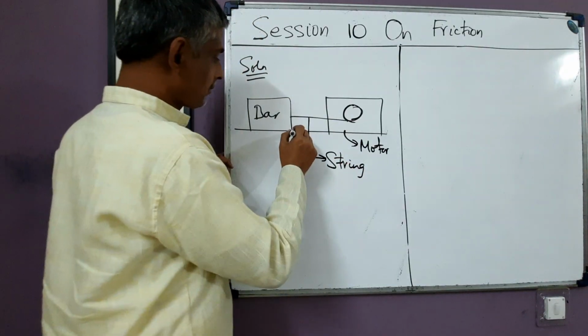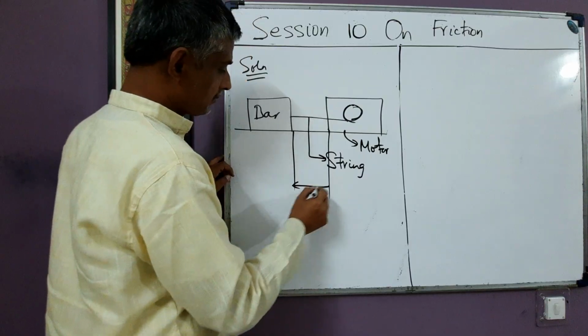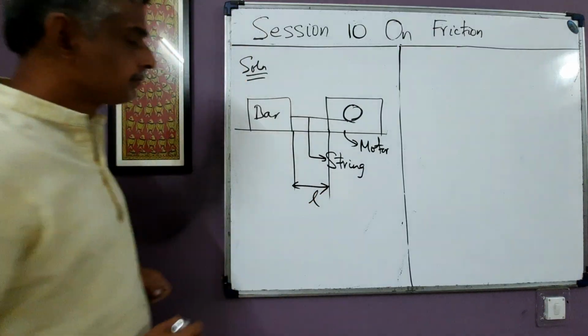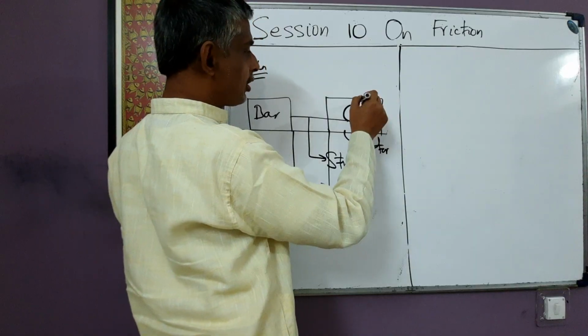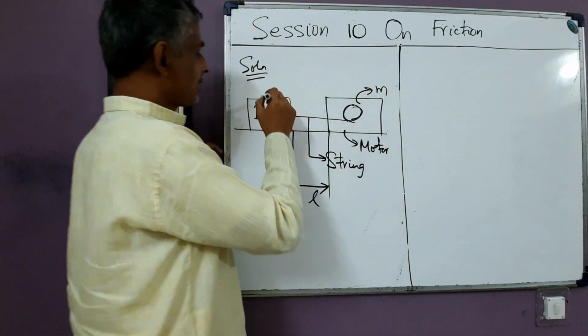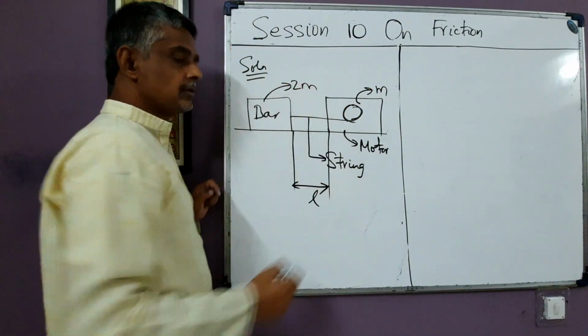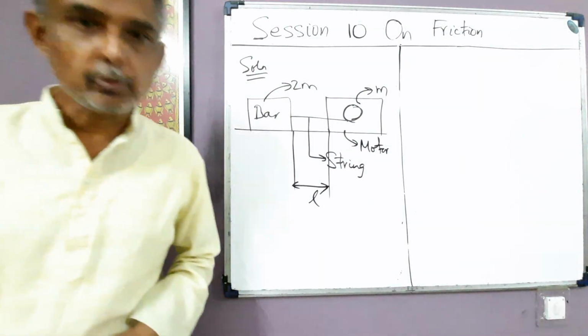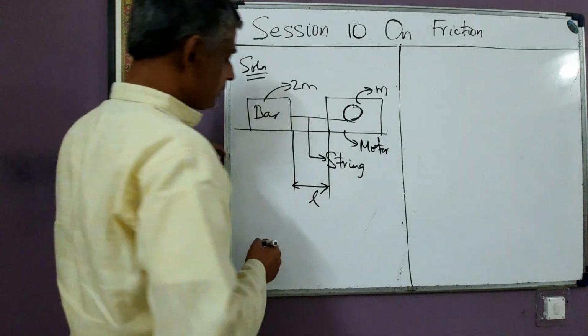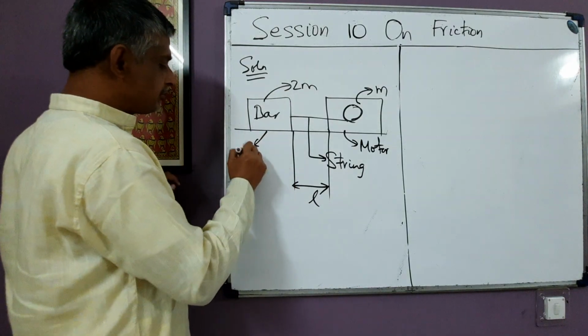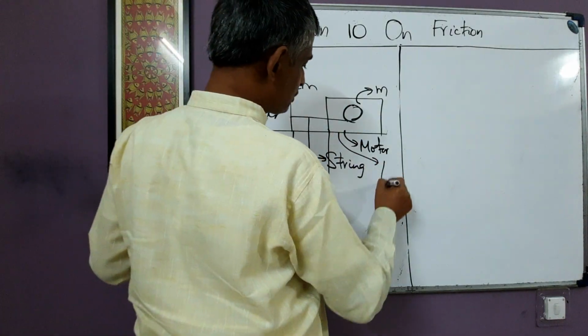Initial length is L. Mass of this motor along with the battery and block, everything, is M. Mass of the bar is 2M, as specified in the question. And the friction coefficient is mu here, and here also the friction coefficient is mu.